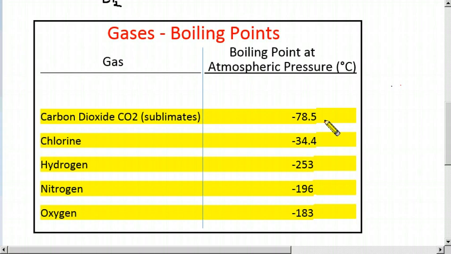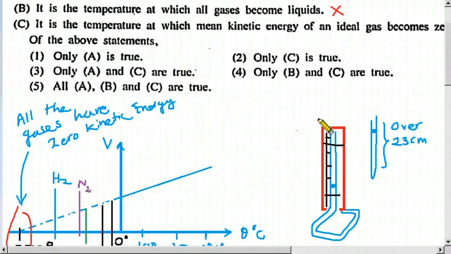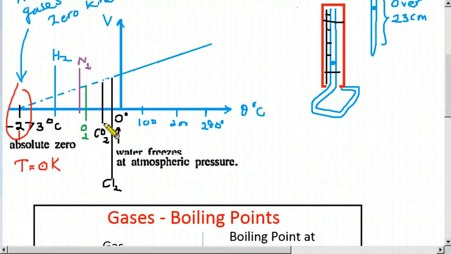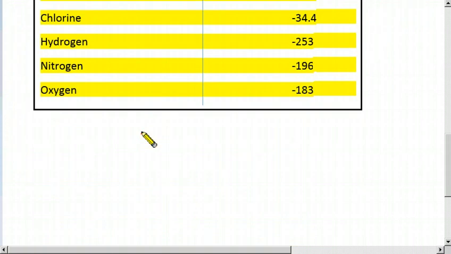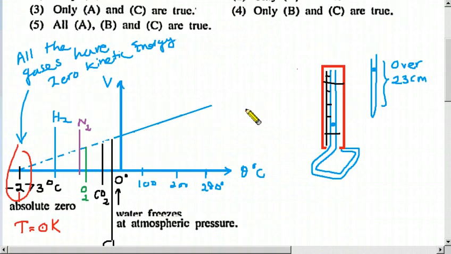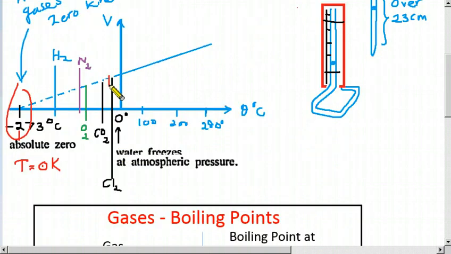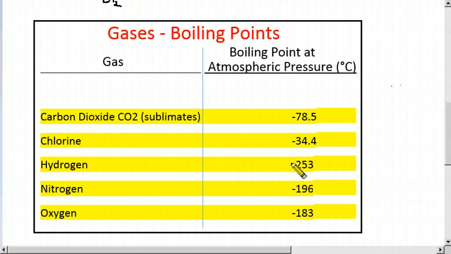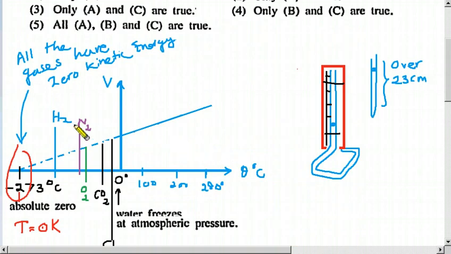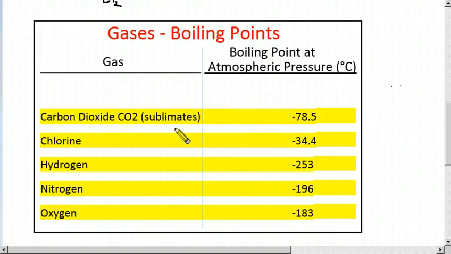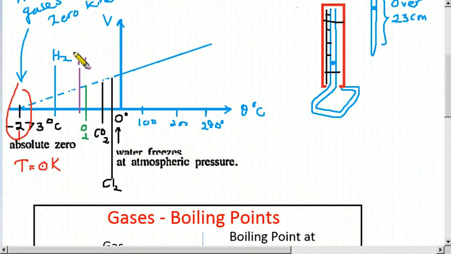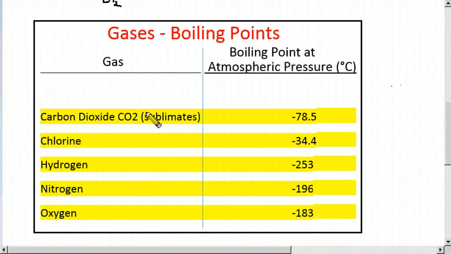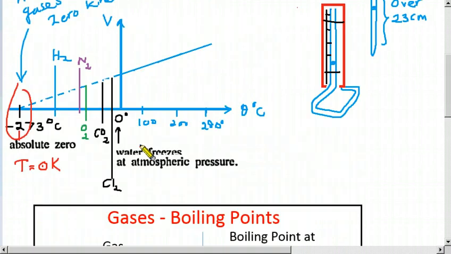First carbon dioxide minus 78.5, somewhere here. Then chlorine minus 34, here. Hydrogen minus 253 here. Then nitrogen minus 196 here. Then oxygen just below that.